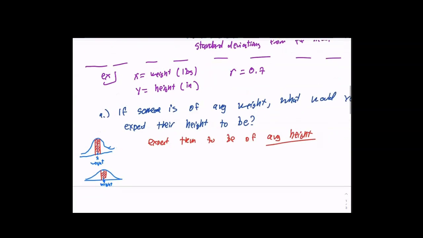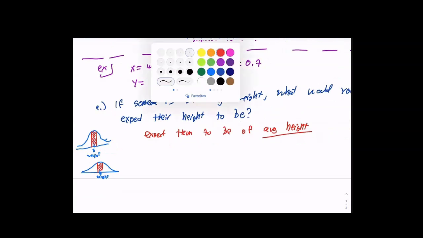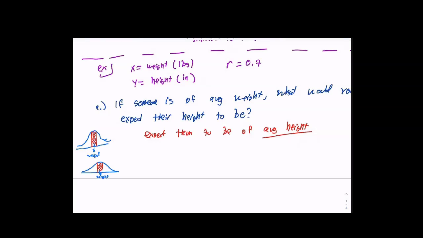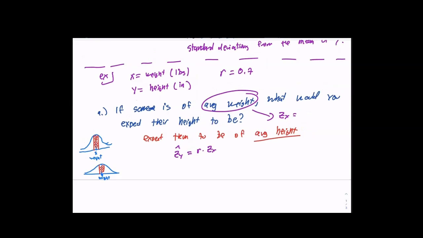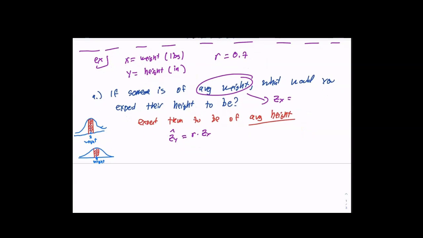Now you can also do this, and this is actually also being done by the formula. It says that the predicted zy is equal to r times zx. Well, if somebody's average weight, what's the z-score for x then? 0, perfect.